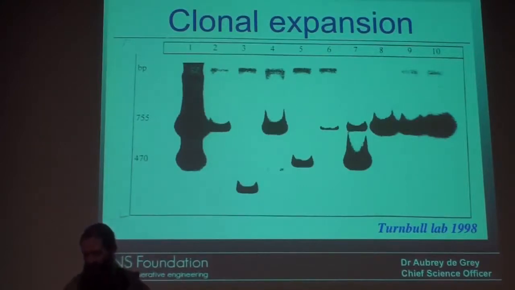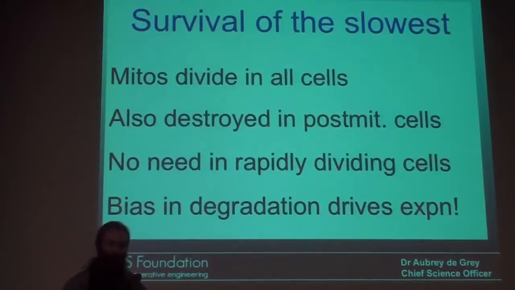And my first paper in gerontology, back in '97, proposed a mechanism for this, which essentially said that the reason why this happens is because mutant mitochondria don't damage their own membranes as rapidly as normal mitochondria do. Mitochondria, of course, by virtue of their respiratory activity, create free radicals. The free radicals damage DNA, but they also damage lipids and proteins.